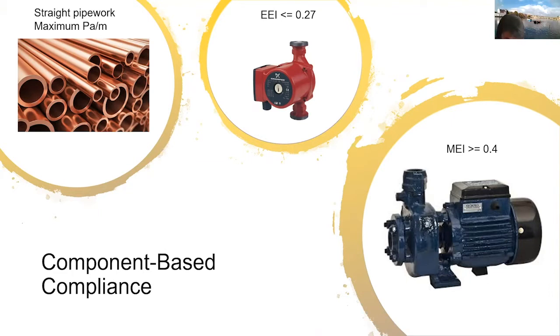It's the EU Commission Regulation number 547/2012 edition. The requirement is to have an MEI greater than or equal to 0.4. What it effectively means is that if you have an MEI of 0.4, 40% of pumps perform worse than you.